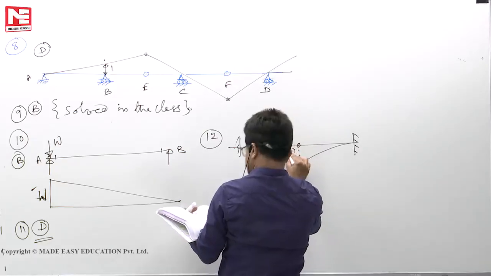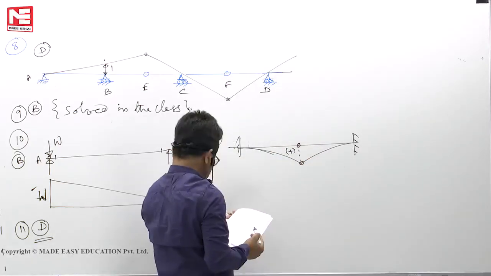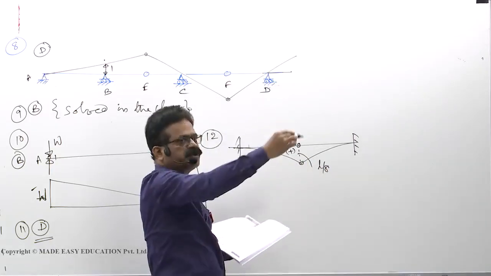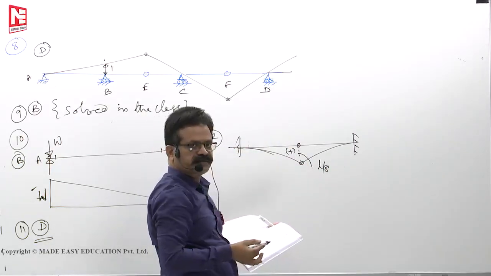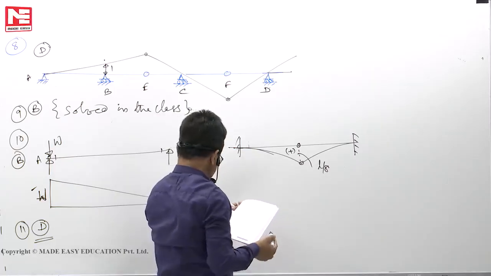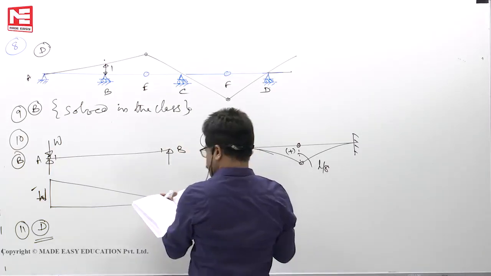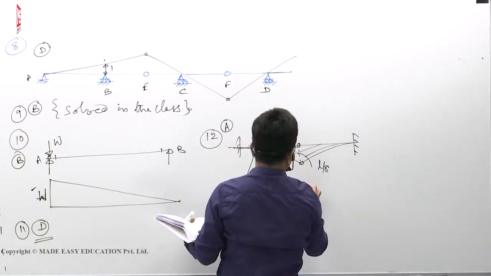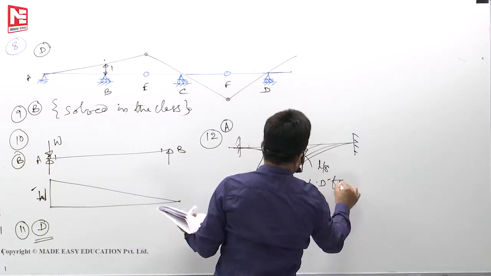This is now positive we have to write. Okay, no problem. This is L by 8. What I have shown in the class is upward we have taken because positive bending moment above reference line. Now it is below reference line they have shown. He has taken 12th question A. This is ILD for bending moment at center.